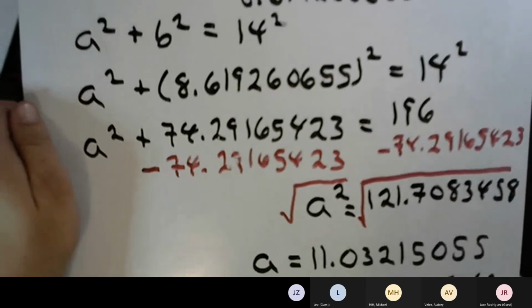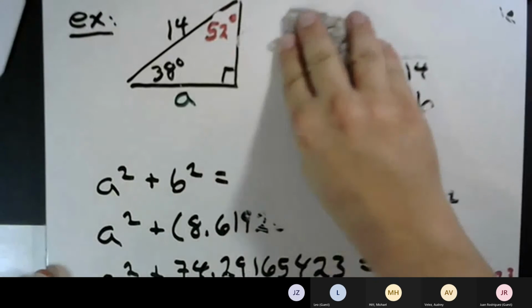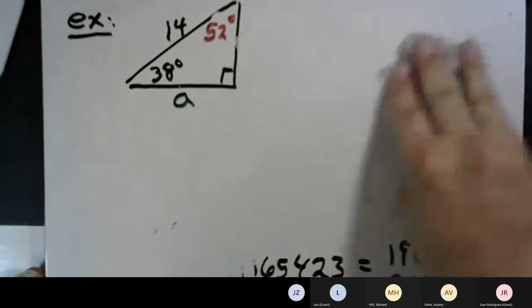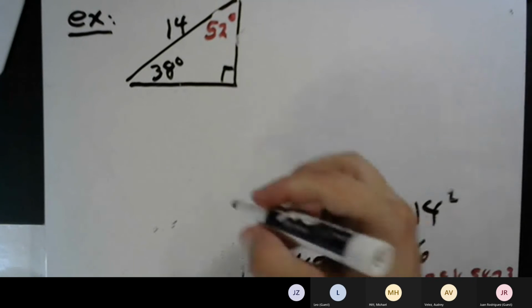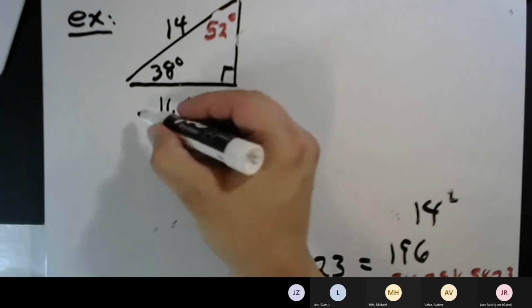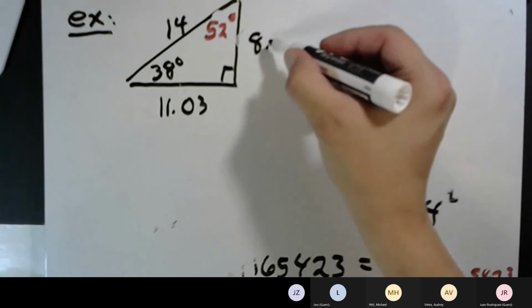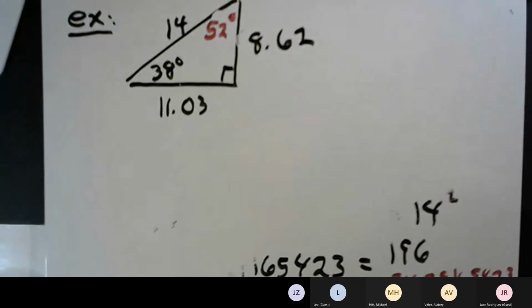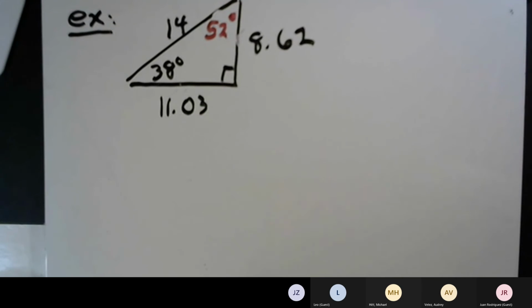If I'm going fast, let me know. So side a was about 11.03, and side b was about 8.62. And there's our triangle. Questions about that?